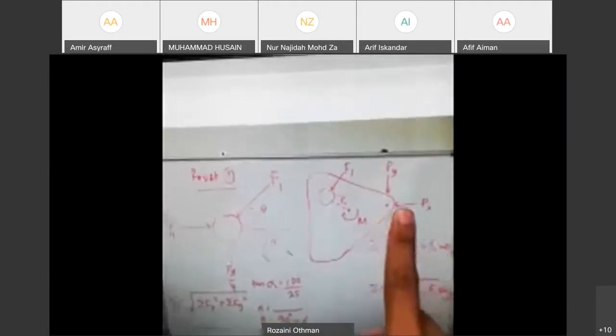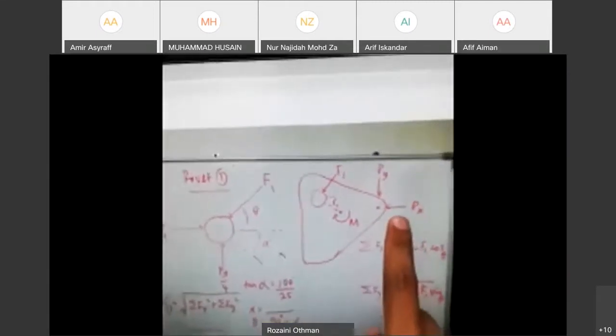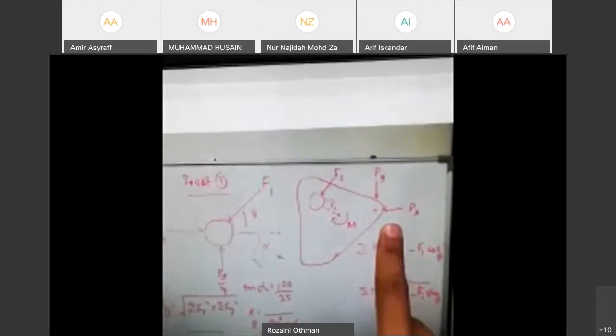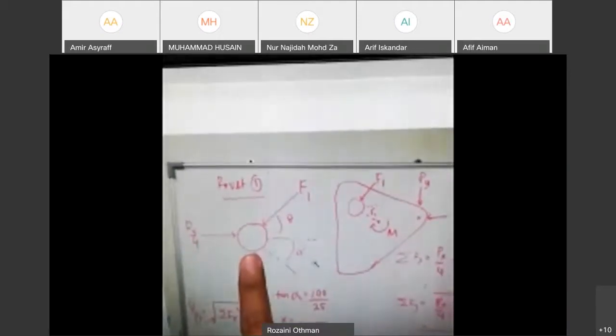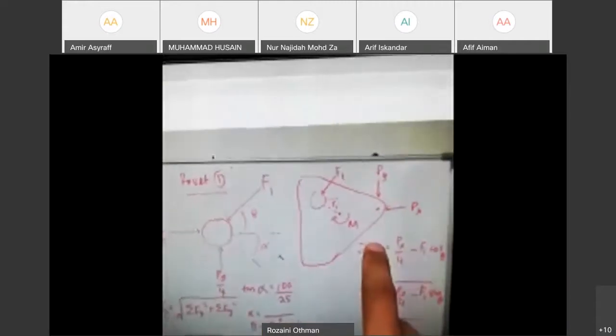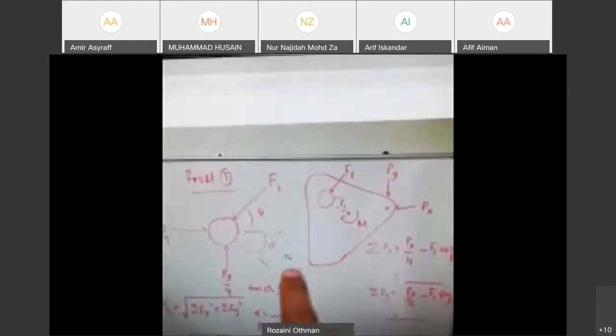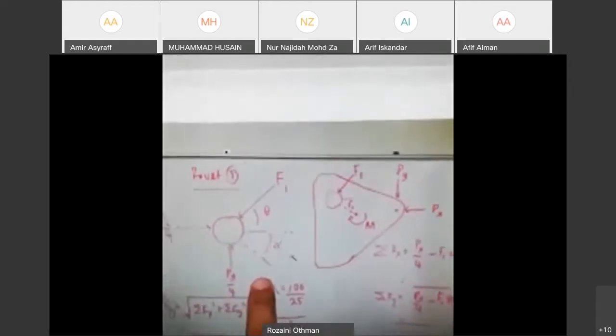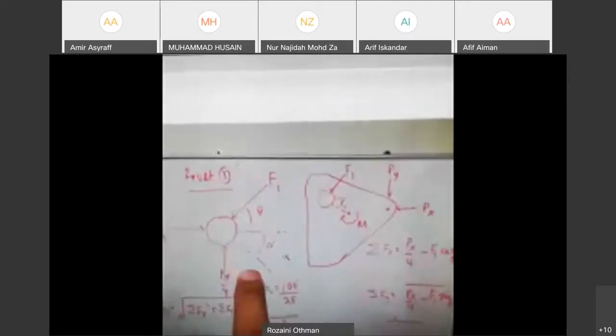Because Px is to the left, the reaction must be to the right, and Py is a downward force, so the reaction must be upward.